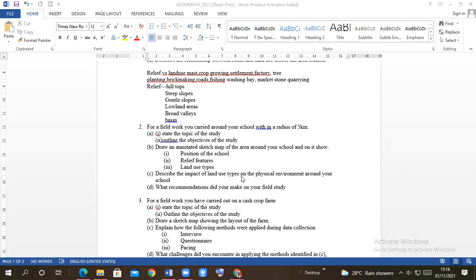Led to air pollution, leading to what? Leading to health problems, health hazards, or leading to accumulation of CFCs, chlorofluorocarbons, that led to destruction of the ozone layer, leading to global warming.